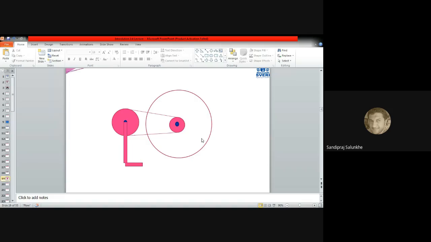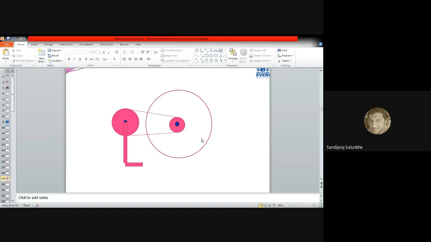Why? Because it is small. Circumference is less, sir. Right. The circumference of the smaller wheel is less as compared to the circumference of the bigger wheel.